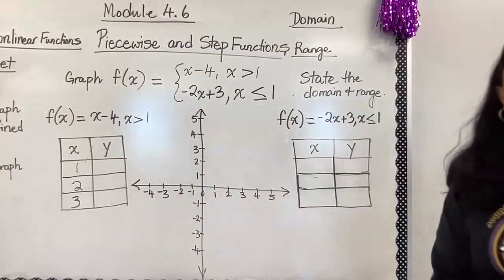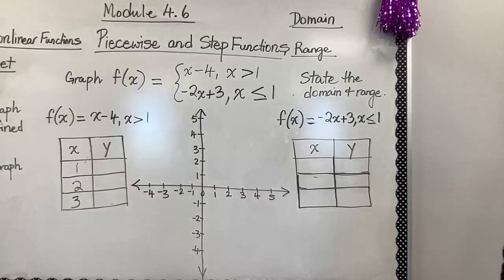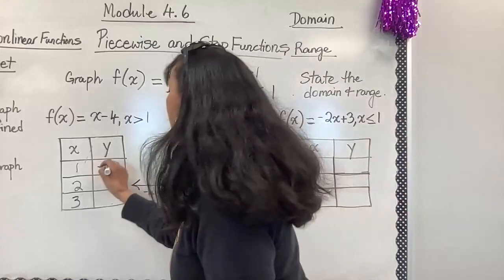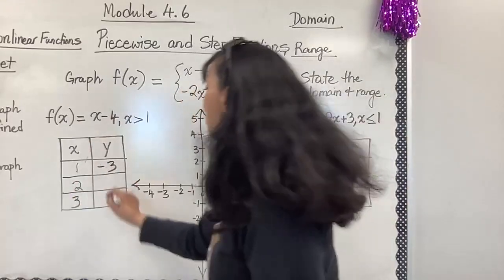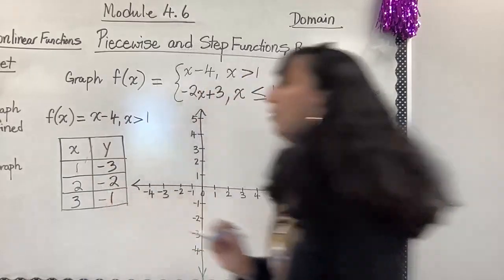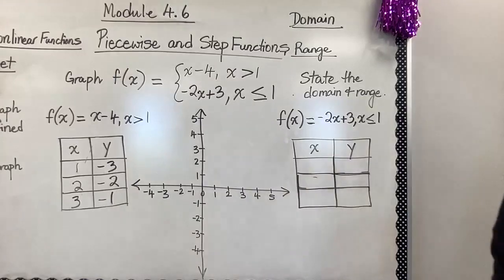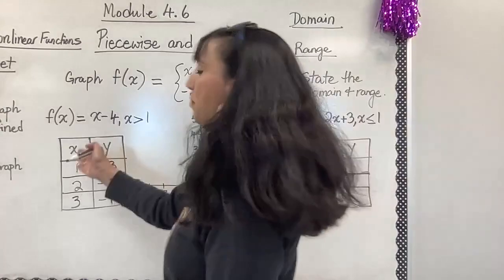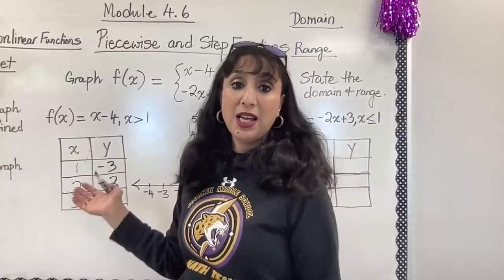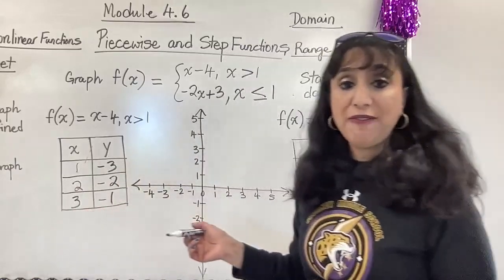If I say 1 minus 4, I get negative 3. 2 minus 4, negative 2. 3 minus 4, I get negative 1. These are my x and f of x values, my input and output, and these are the ordered pairs I'm going to graph.